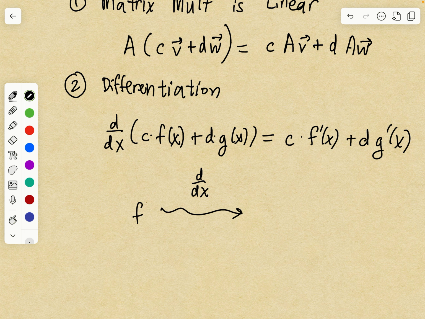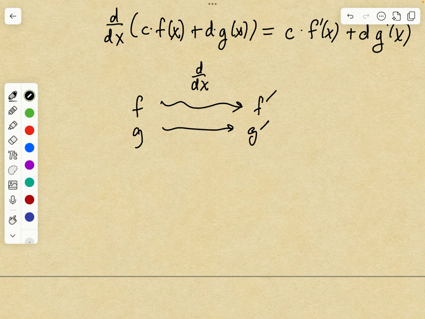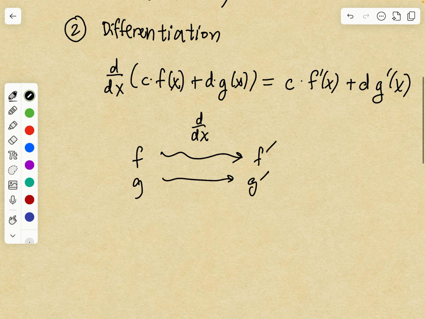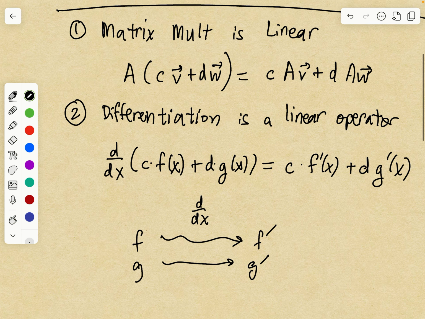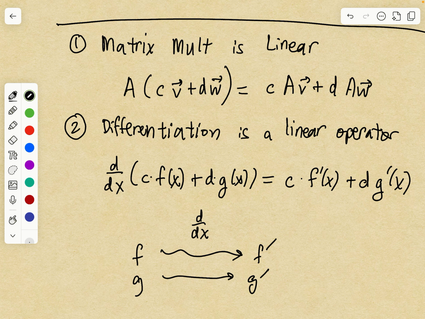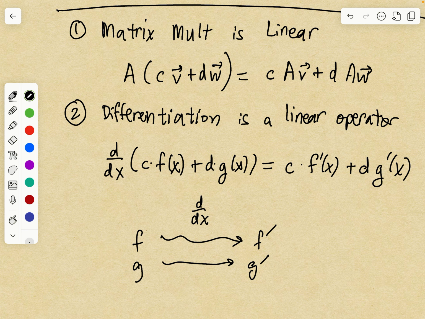I take f and I get f prime, I take g and I get g prime, and then the general theory of derivatives says that if I take a linear combination of f and g, I get the corresponding linear combination of f prime and g prime after applying the derivative. So we say that differentiation is a linear operator. Now notice that this is a very different scenario than matrix multiplication, but you still see this linearity property.